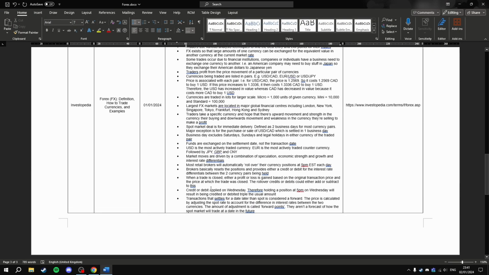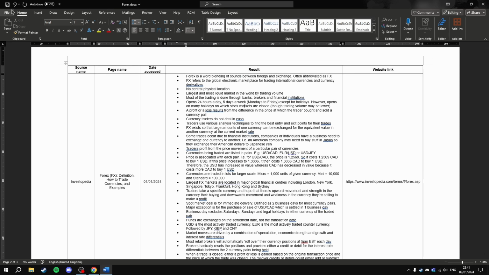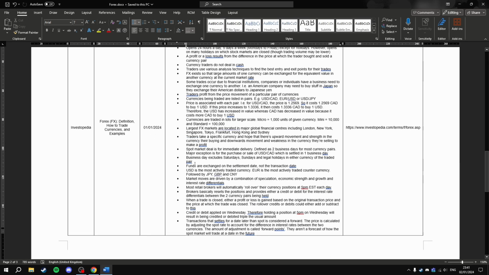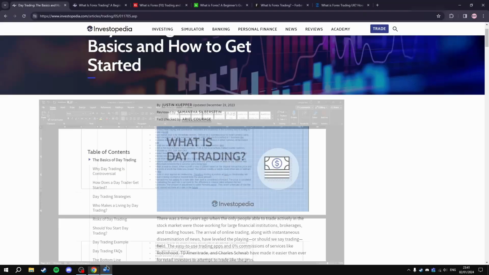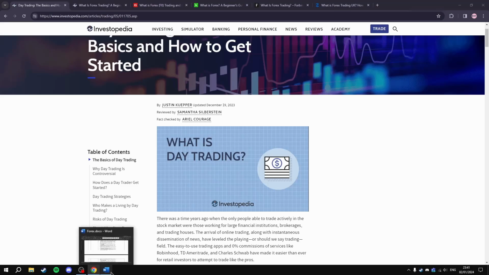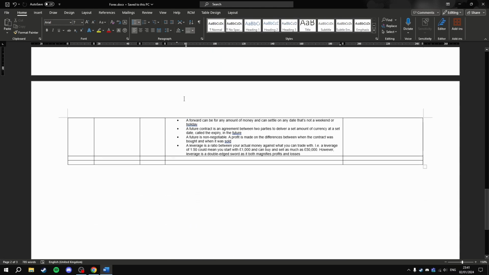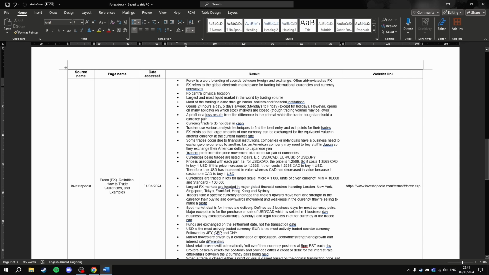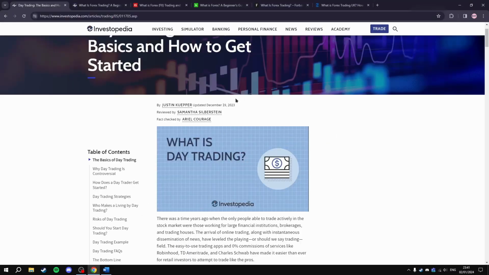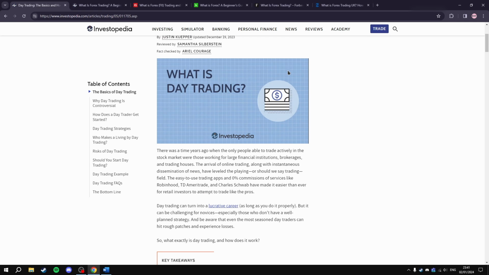So I guess these are the notes we've made on that Investopedia page. To be honest, I kind of understand the general bits, just explaining what Forex is, but at the end bit, I just got lost, so I think more reading is required.